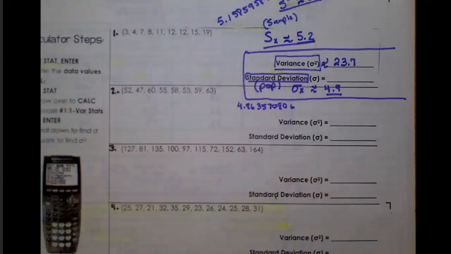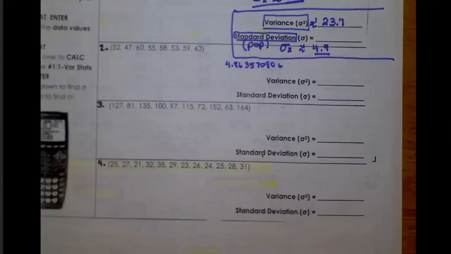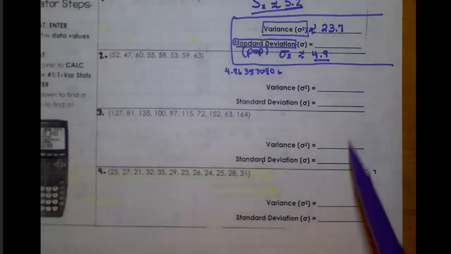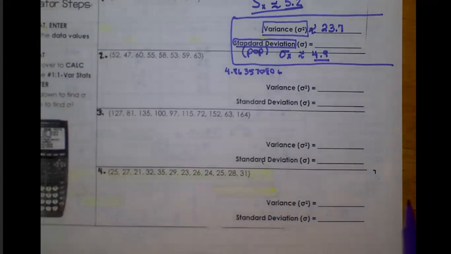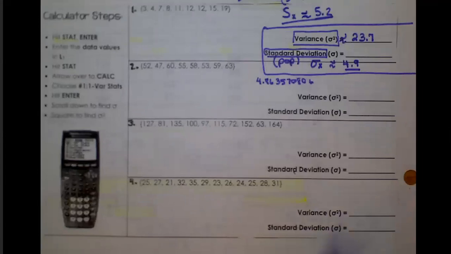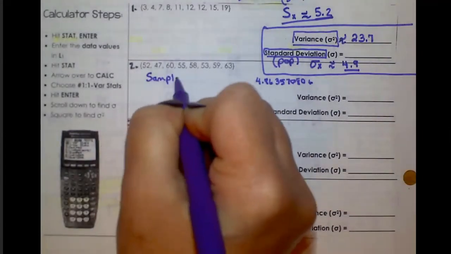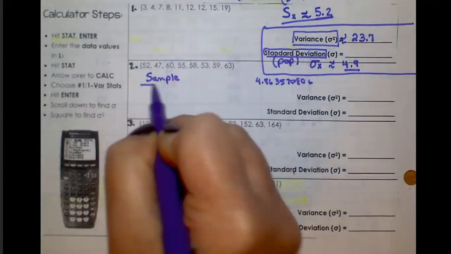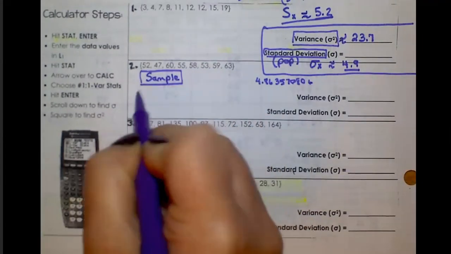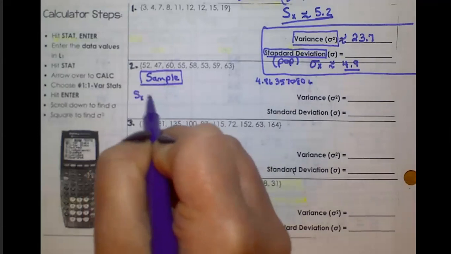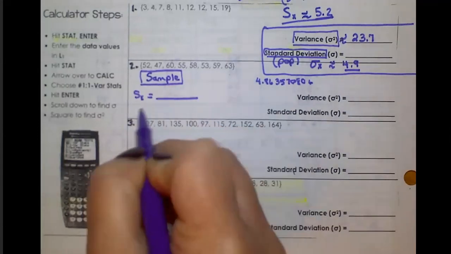As you do numbers 2, 3, and 4, I want you to go through those before you upload your notes, and make sure you submit me those answers. Before we do that, on the left side put sample, and we would have Sx, and you put that.